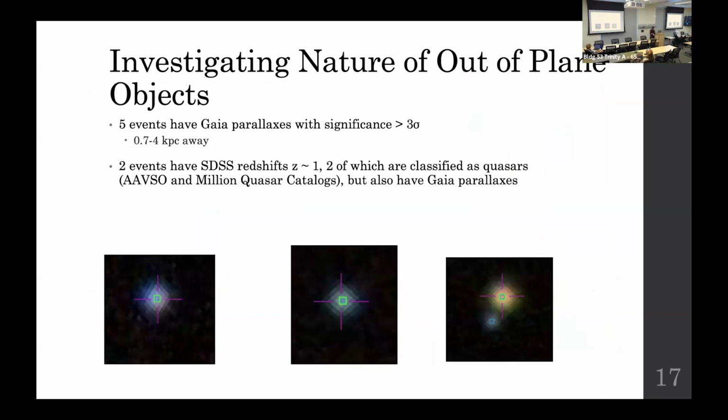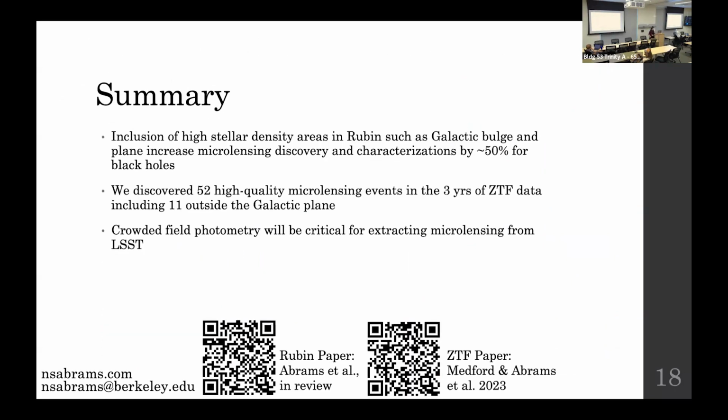And 2 of the remaining ones, interestingly, have SDSS redshifts, but they continue to look flat, and one of them is very close to a near neighbor, as you can see, so I might have confused it. But they also have Gaia parallaxes, so we're looking into what's happening there. So in summary, I'll just leave these up and emphasize that crowded field photometry is going to be critical for being able to extract the microlensing events from within.